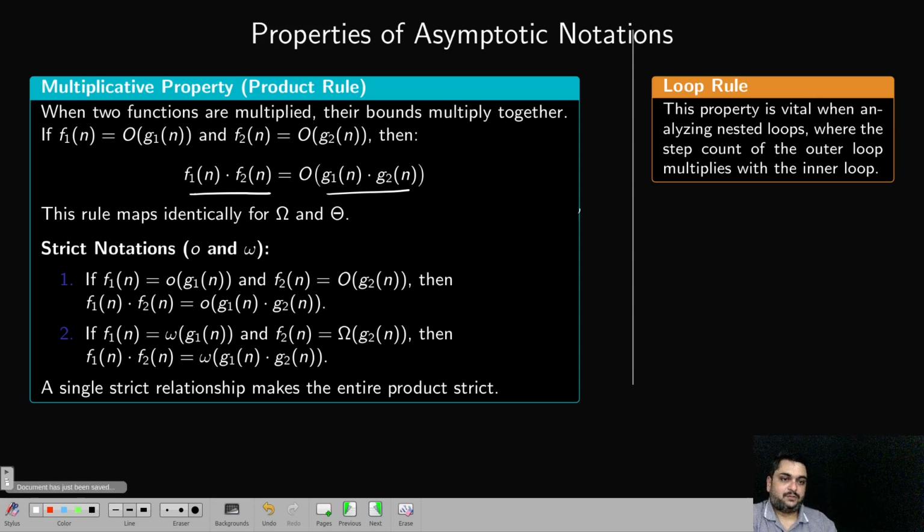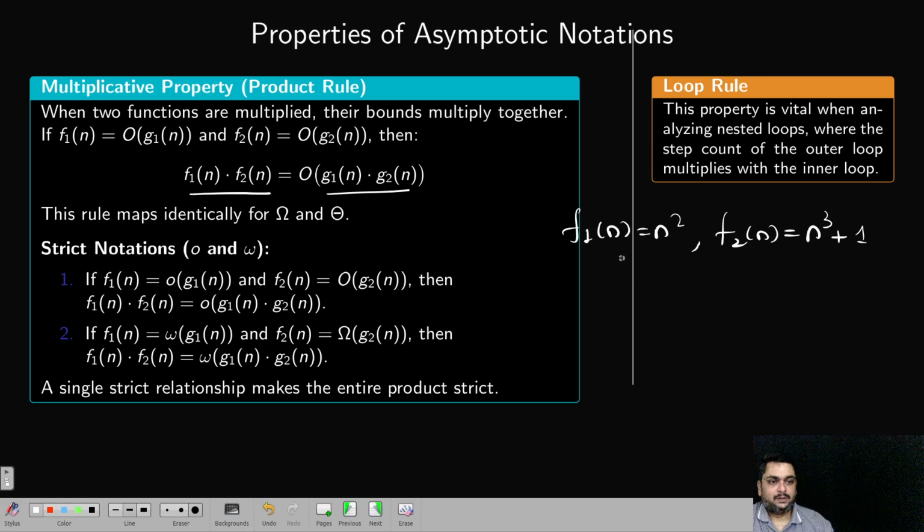So for example, if I have f1 of n equal to n square and f2 of n equal to say n cube plus some constant, f1 into f2 is exactly what I am multiplying, these two functions. When I multiply, it will be n power 5 plus n square.